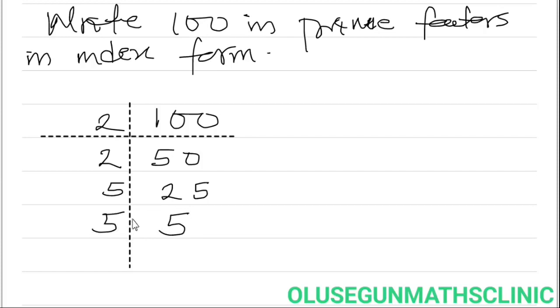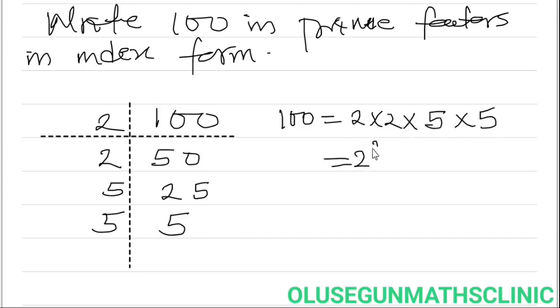This tabulation form will give you exactly the prime factors. So for 100, it will now be 2 times 2 times 5 times 5. So we have 2 squared times 5 squared. So this is the product of the prime factors.